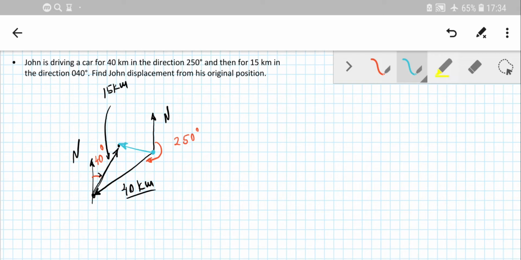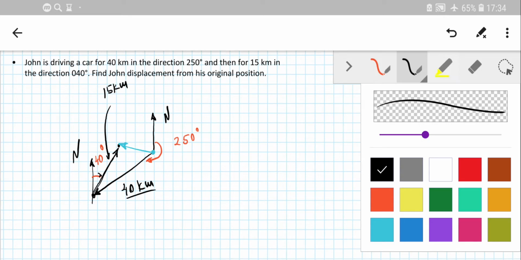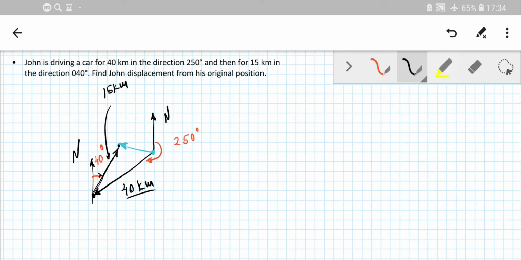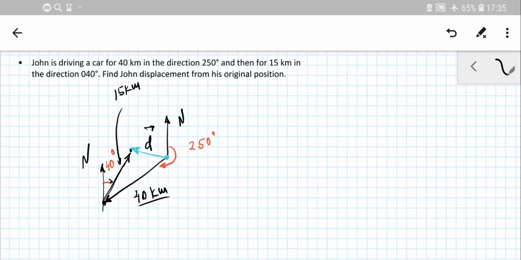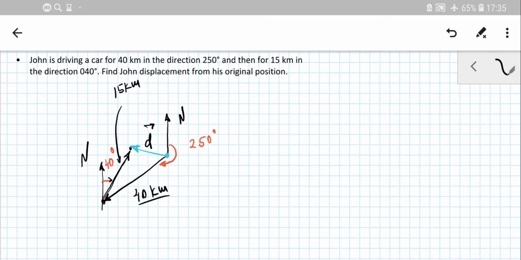Or basically, according to the triangle rule of addition for vectors, we can use that chain, or even the head to tail rule. No matter which you use, you should arrive at the same result. So that's the displacement vector D. Okay, so that's what we've got.